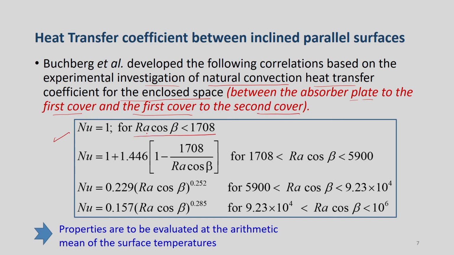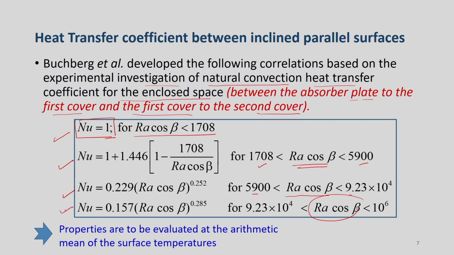If Ra cos beta is less than 1708, then we will use Nusselt number equal to 1. If this value Ra cos beta is in between these two values, then we will go for this expression, and finally if this value is very high, then we will go for this expression.